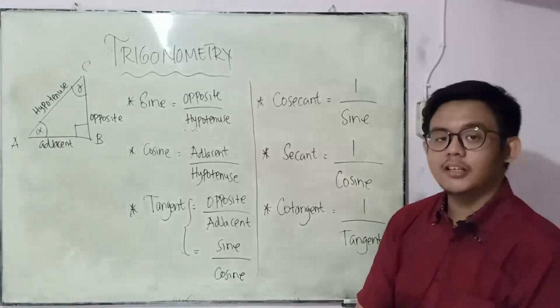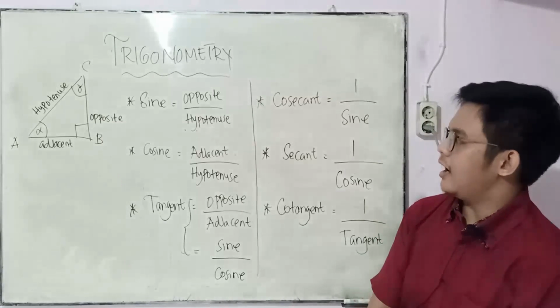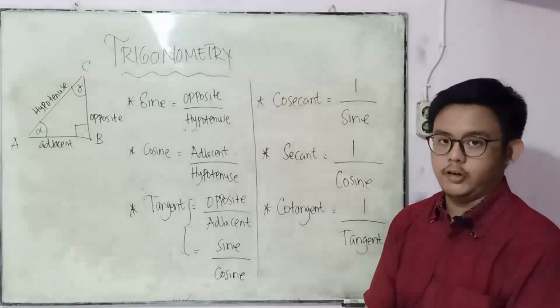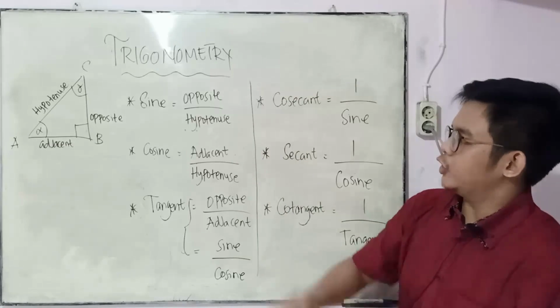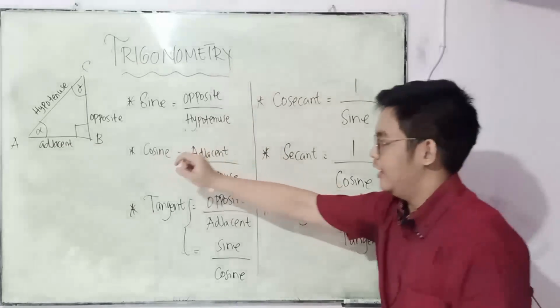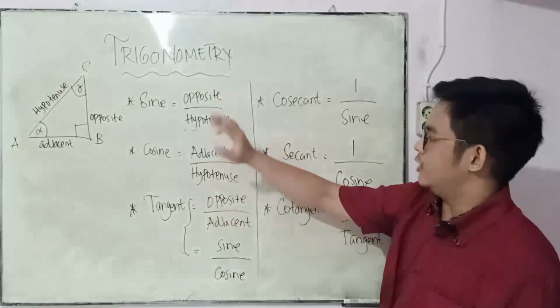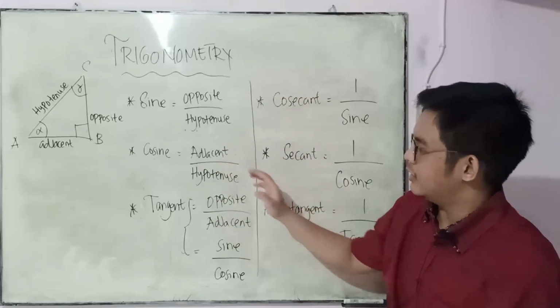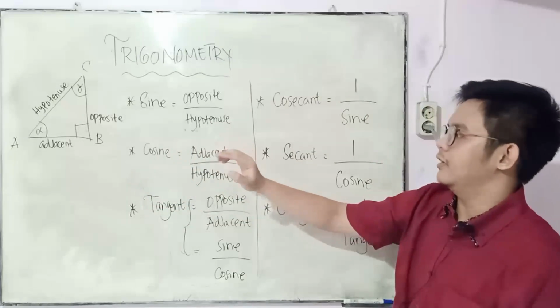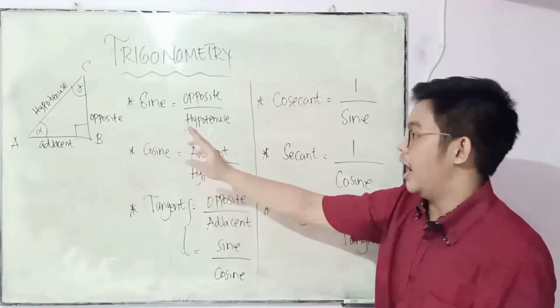Okay, to make it clearer, here are the terms in trigonometry. You have sine, actually it's supposed to be sine alpha, which is the opposite over the hypotenuse. And cosine is the adjacent side of the triangle over the hypotenuse.